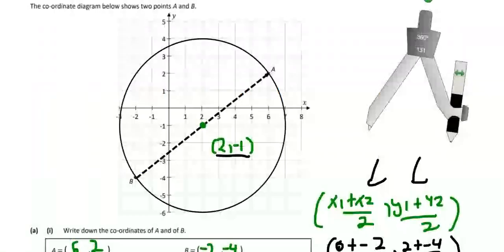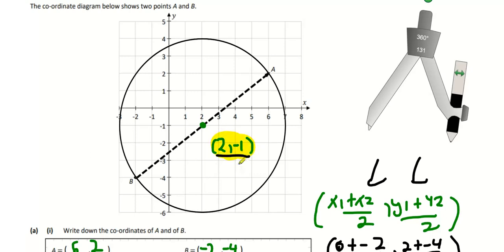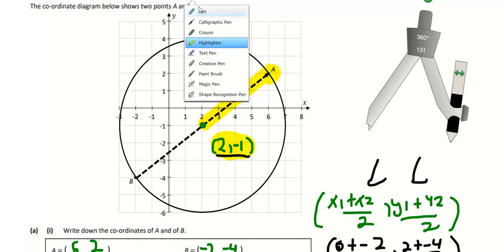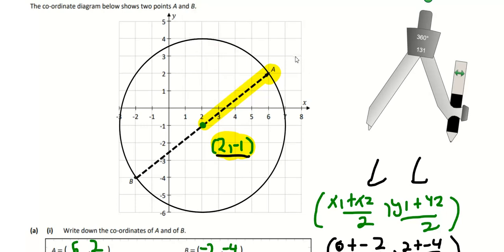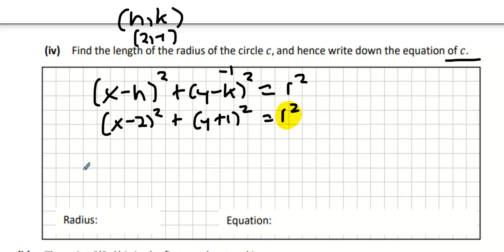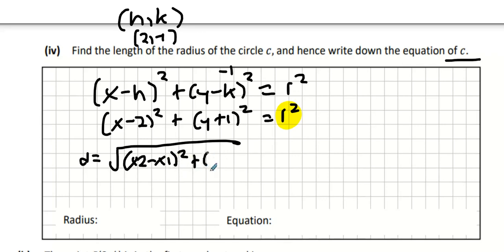So to find the radius, we're going to get the distance from (2, minus 1). For argument's sake, we're going to get this distance here, because we know that that's (6, 2) and (2, minus 1). You're going to go to page 18 of your maths tables, and you're going to find the distance formula. Okay, so your distance formula is the square root of x2 minus x1 squared plus y2 minus y1 squared.